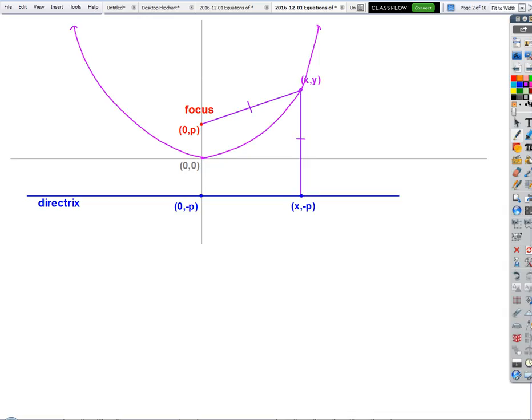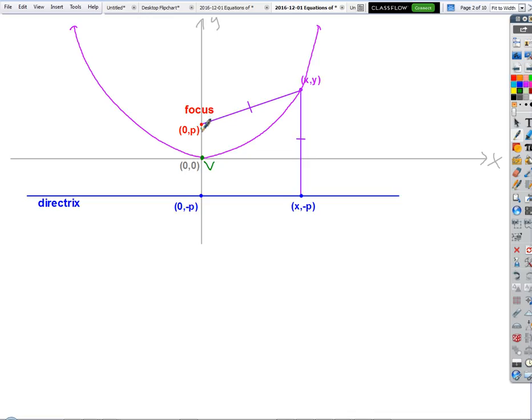So this is the x-axis, and this is the y-axis, and the vertex is right there at the origin, at the point 0, 0, right? Okay, so then what are we going to call the focus? Well, we called the distance between the vertex and the focus P, and so the coordinates of the focus would be the same x-coordinate, but now we're going to move up by a distance P, so the y-coordinate becomes P, agreed?